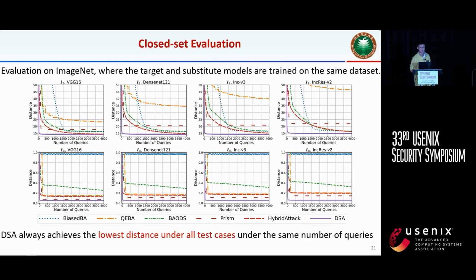And also, we plot the change curve of mean distance along the number of queries. We can see here as the query increases, the distance of each method decreases to different degrees. Compared with other methods, our attack, which is shown in the purple line, achieves the lowest distance on the test cases while using the same number of queries.